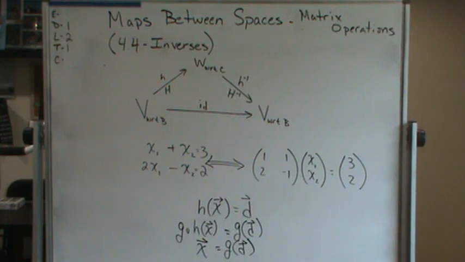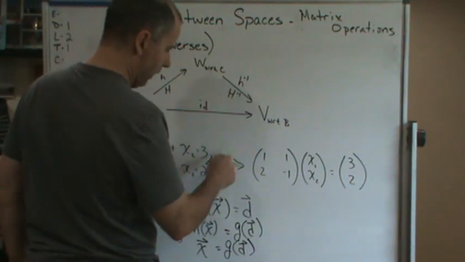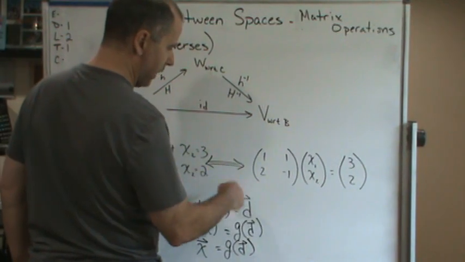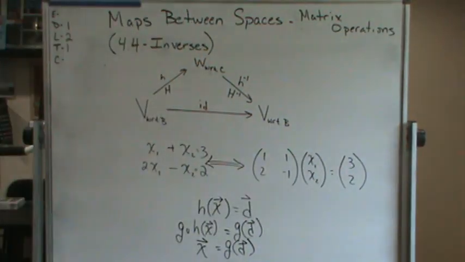And then restating in terms of the matrices, we want to multiply by the inverse matrix. So in other words, we want to multiply this by the inverse matrix to get the same result.